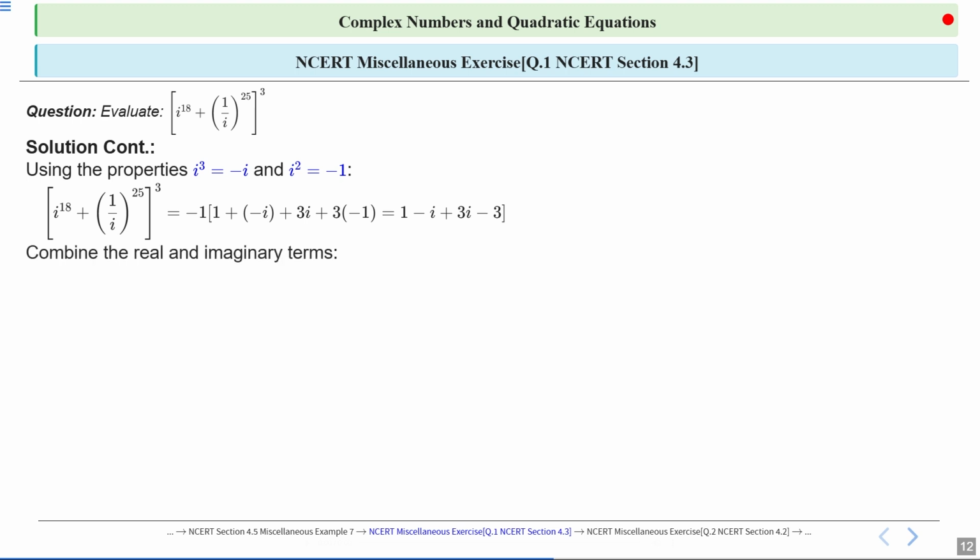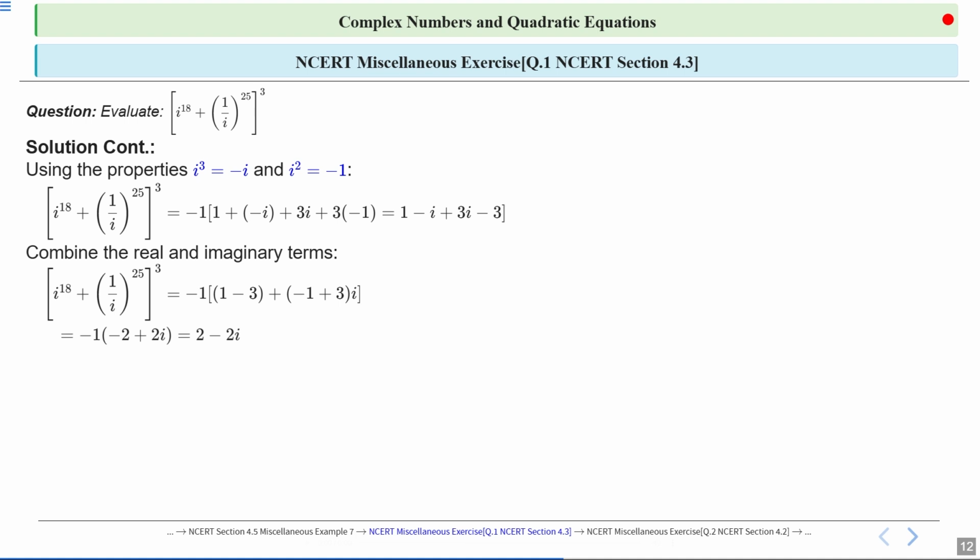Now combine the real and imaginary terms together. So iota to the power 18 plus 1 divided by iota whole to the power 25 whole cube equals minus 1 times 1 minus 3 plus minus 1 plus 3 times iota. Let's finish the calculation.